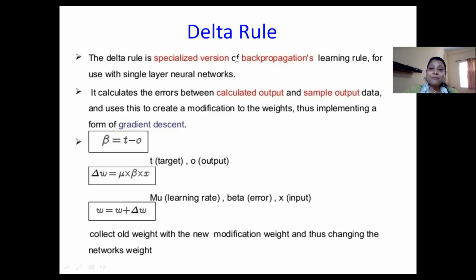This delta rule is treated as a specialized version of the backpropagation learning algorithm. Backpropagation, as we mentioned in the second slide, has a feedback connection where the errors can be propagated from the output layer to the hidden layer.